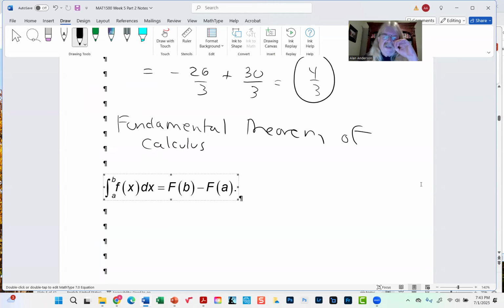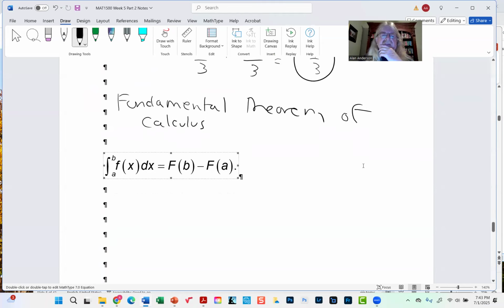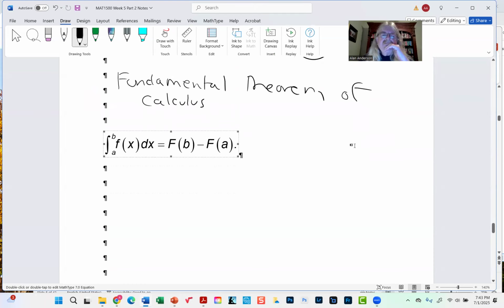What it's essentially saying is this. If you've got a definite integral, what you're actually doing is evaluating the resulting integral at b.